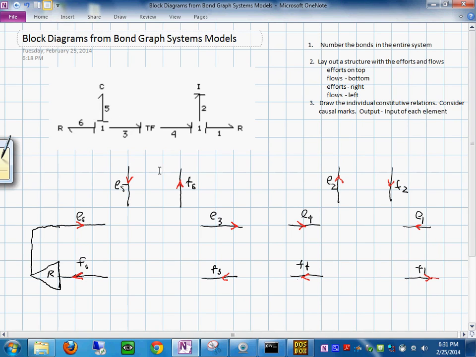F goes in, and then gets integrated with 1 over S, and then gets multiplied by 1 over C, and that is this element. This one, E sub 3, gets multiplied by a gain, in this case M of the transformer element, and the same thing is true on this side. This would be M like that. On this side, the effort is the input and the flow is the output on the I. So this is also integral form.